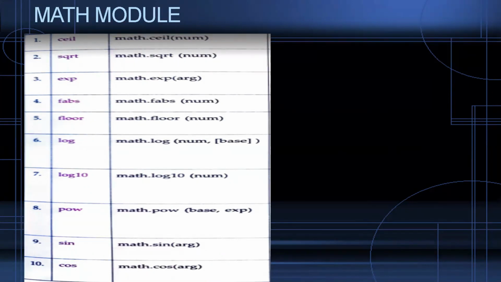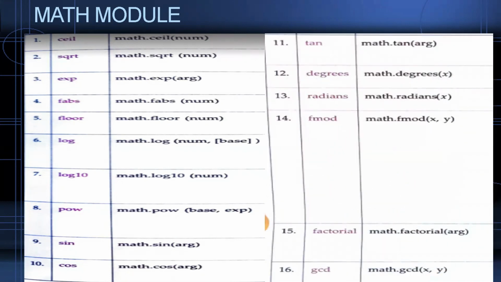If you are a math student, you may know what log is. Pow is all about power, sine, cos, etc. And the next section is tan, degrees, radians, fmod, factorial, GCD, etc.